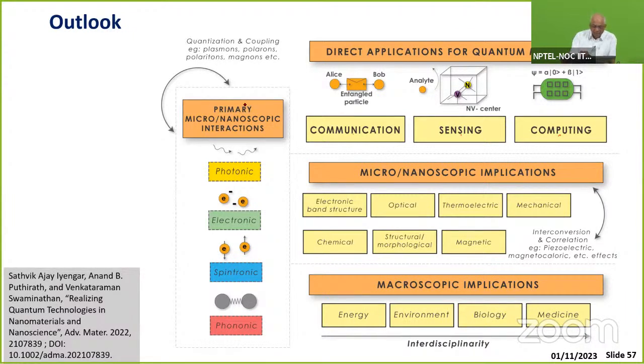What are the interactions that you want to pay attention to in the material itself? It can be photonic, you can use photonic manipulation of the material, electronic, spintronic, or even take advantage of the lattice vibrations, phononic. Like for example, polaritons.